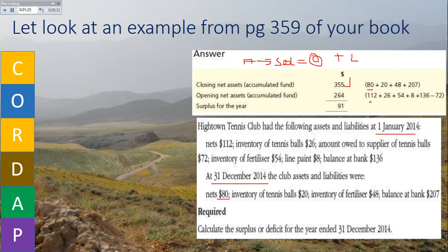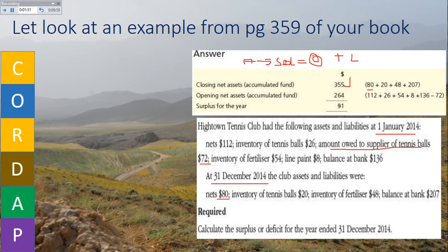In the opening date, we have these assets, you add these assets up. 72 is your liabilities. You can pause the video and look at it. So where is 72? Here. Amount owed to the supplier of tennis balls $72. So owed means payable. So that's L. You deduct it. You get your opening capital, or I say opening net assets, or opening accumulated fund.